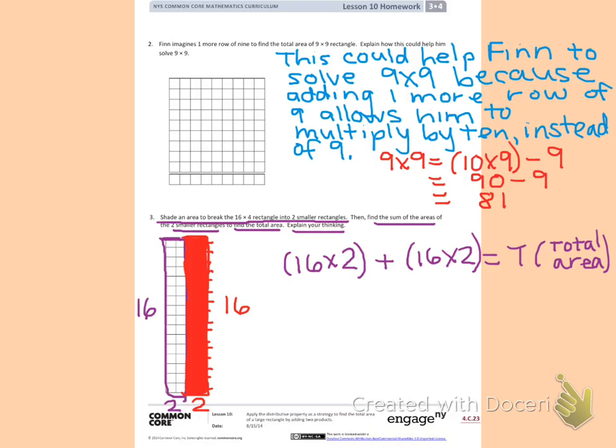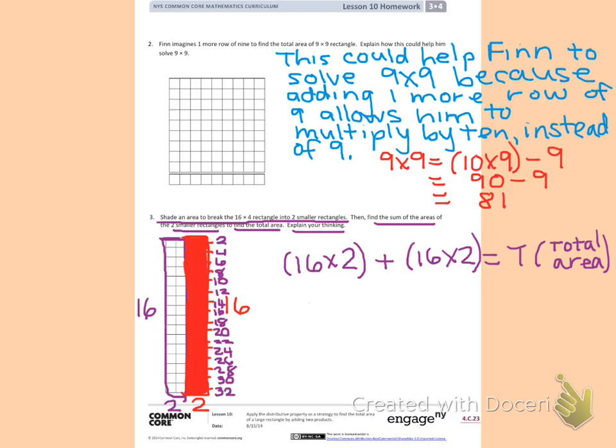I could go ahead and skip count. I already put hash marks on the other side. I'll just go ahead and skip count over there. 2, 4, 6, 8, 10, 12, 14, 16, 18, 20, 22, 24, 26, 28, 30, 32.